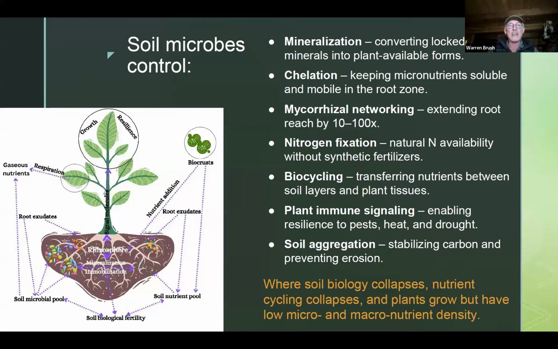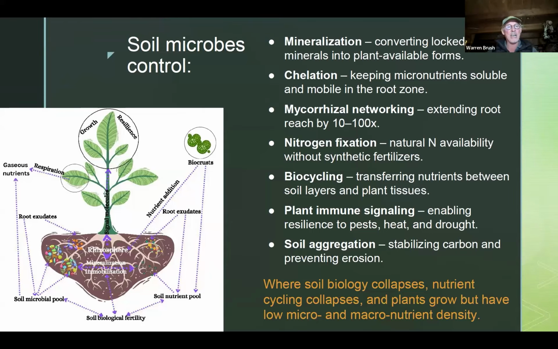You're also creating nitrogen fixation without using synthetic fertilizers. And there's a lot of ways that the soil microbes help with that and also translate that nitrogen from the atmosphere, which is so prevalent and available, and it helps to convert it into plant soluble nitrogen that the plants need as one of the many nutrients that they need to be healthy.